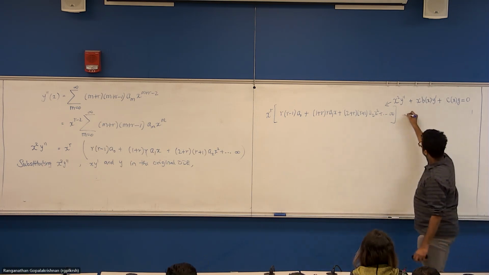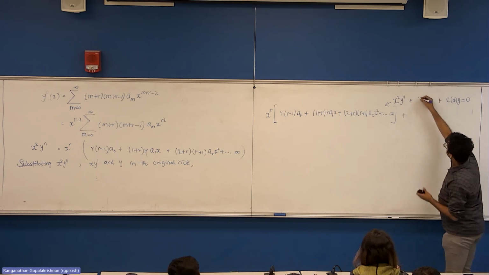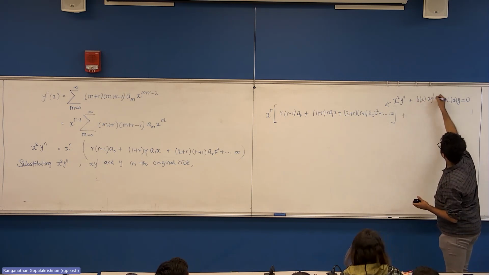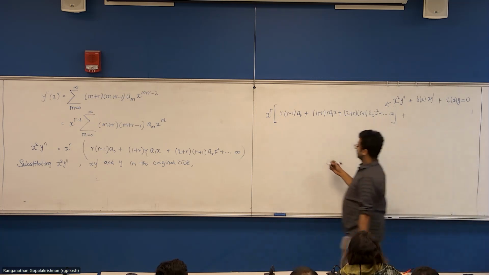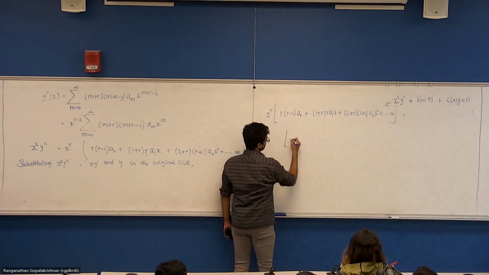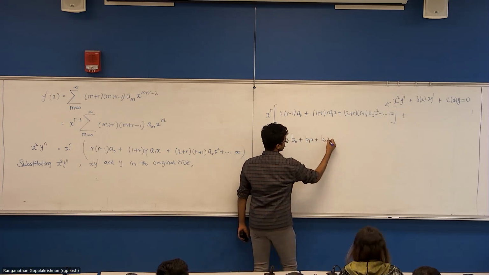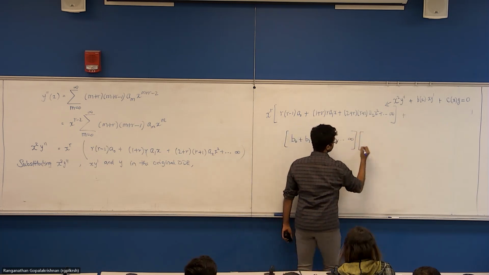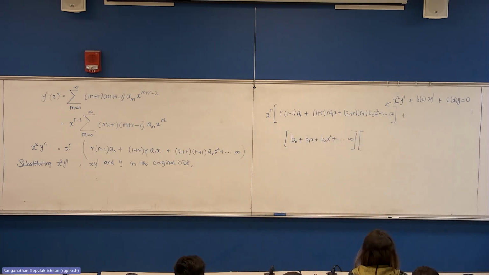Plus, I'll write this as b of x times x y prime. What is b of x in general? b naught plus b1 x multiplied by x y prime, but I think I got rid of it, right?